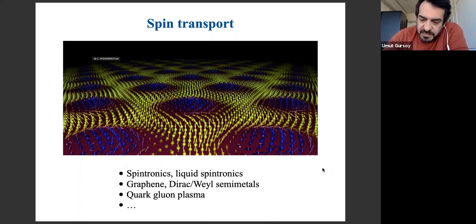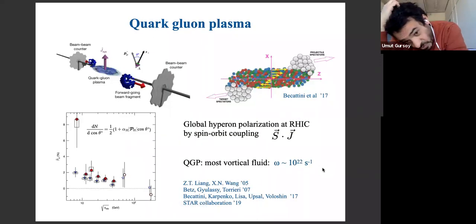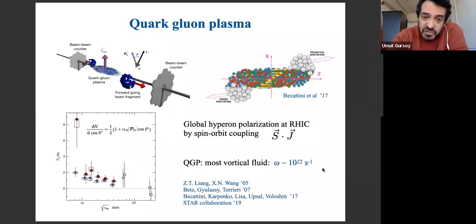Nobody knows yet, but this is a general interesting problem. My motivation is to construct a hydrodynamic description of spin transport in the relativistic regime. In particular, the high energy motivation comes from this recent observation of spin transport in quark-gluon plasma.